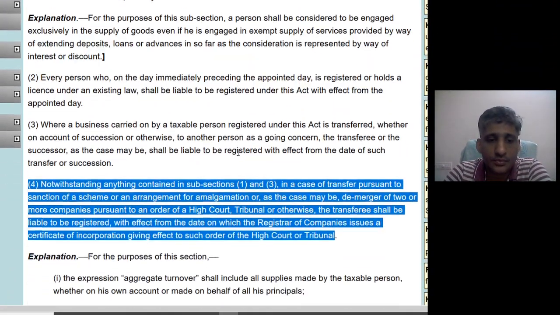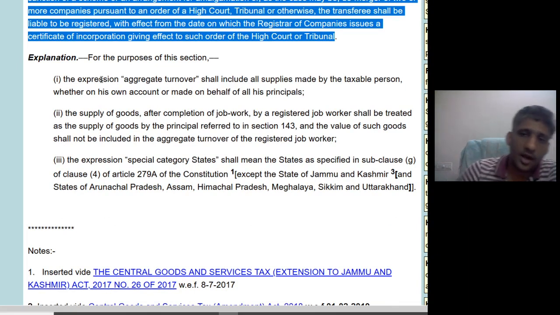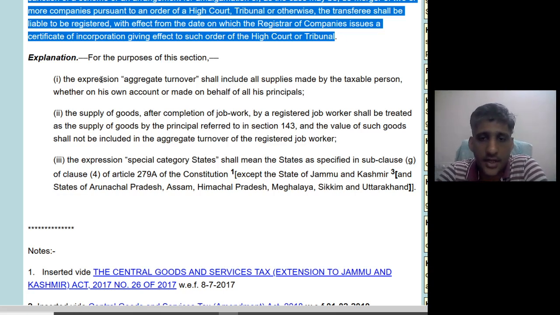Now, for the purpose of this section, the expression aggregate turnover shall include all supplies made by the taxable person, whether on his own account or made on behalf of all his principals. The supply of goods after completion of job work by a registered job worker shall be treated as supply of goods by the principal referred to in subsection 143, and the value of such goods shall not be included in the aggregate turnover of the job worker.